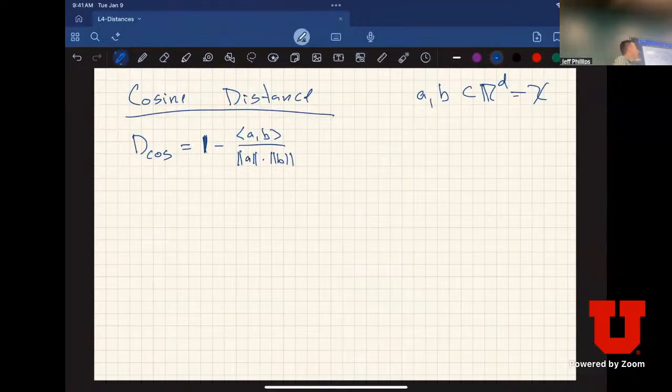Okay, so when people say they're optimizing the cosine distance, sometimes there's something called the cosine similarity.